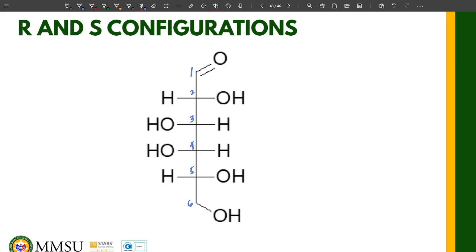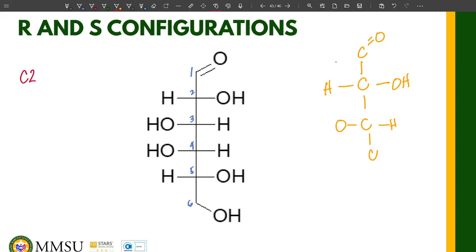So we will go through the chiral carbons one by one. First, carbon 2, C2. At carbon 2, there is C double bond O, and then OH, then here hydrogen, here C, then H, O. C, like that, and so on.